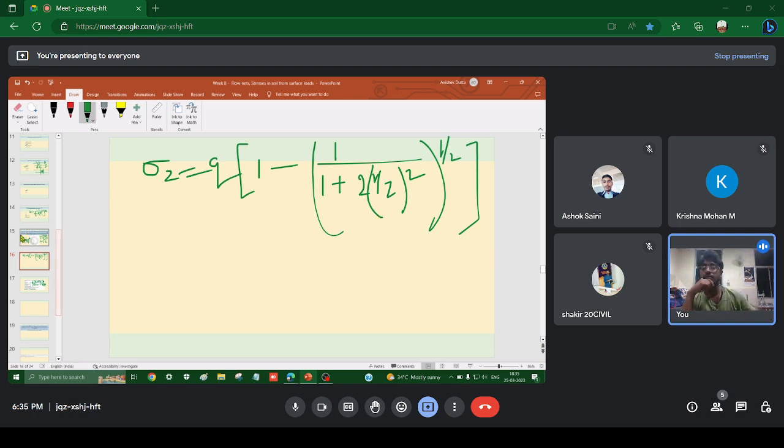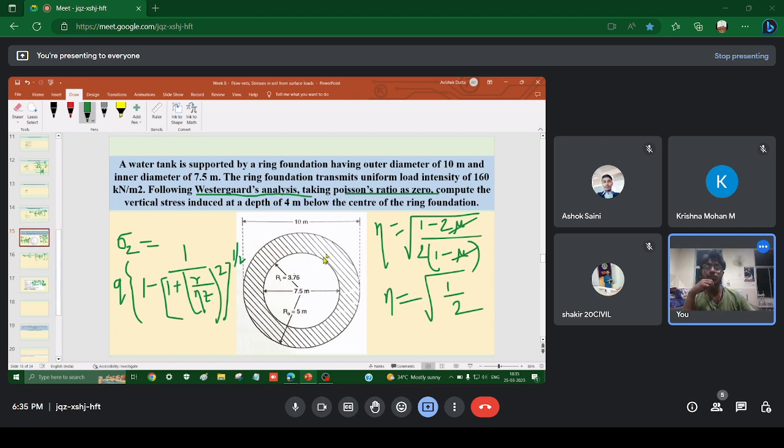Now, if it is a circular section, what we have to do? You have to subtract the load of the inner circle from the entire load of the outer circle.